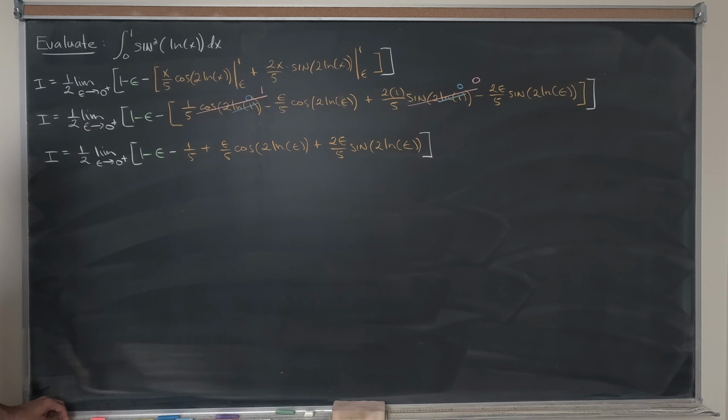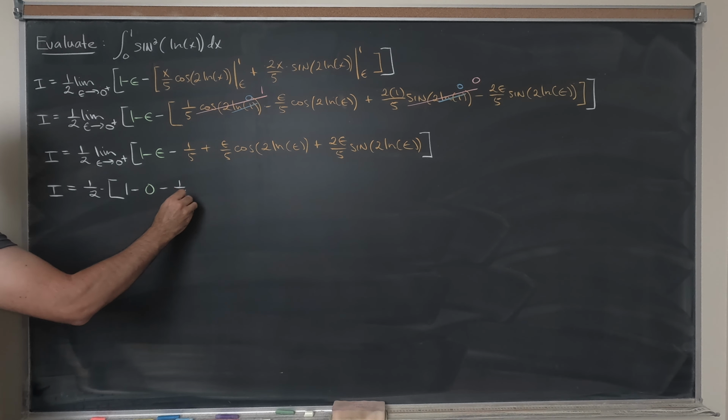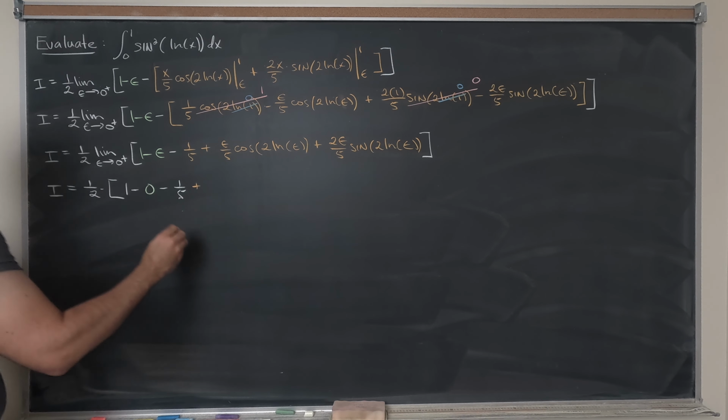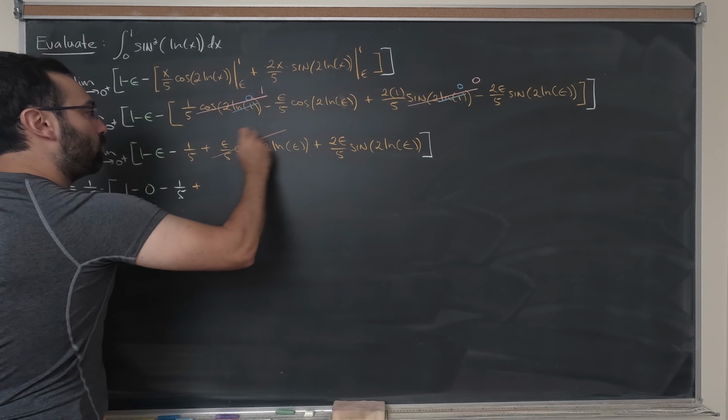Okay, good. Now when we evaluate epsilon at 0, in this next step, we have half of 1 minus, okay, epsilon goes to 0, minus 1/5 plus, well, epsilon goes to 0. So that just means this entire quantity is 0.